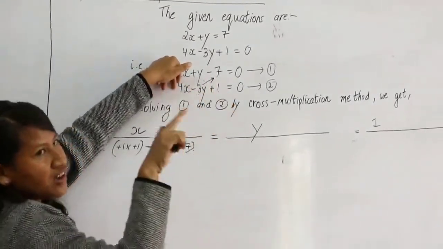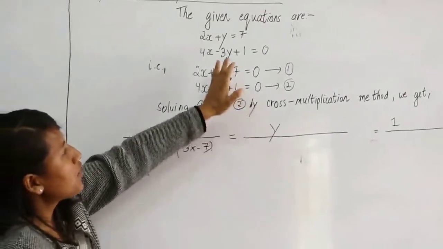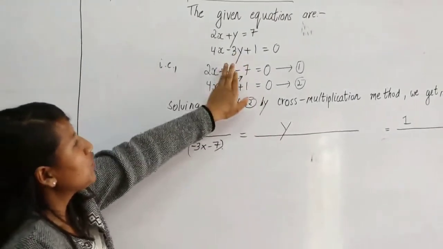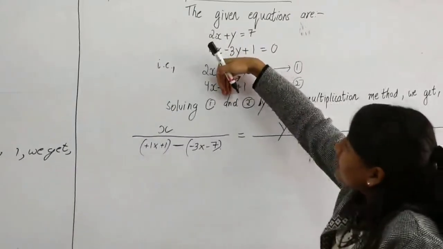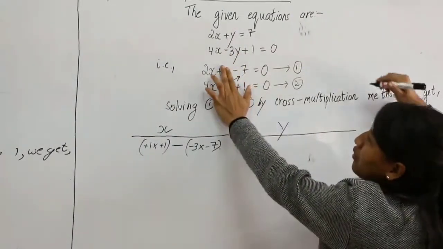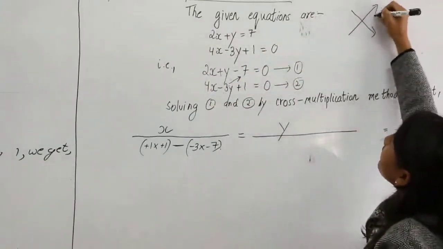Then next we have y. So where's y? Here, right? So you forget first this y, the terms with y. Now previously we went like this, right? Like this, and then like this.